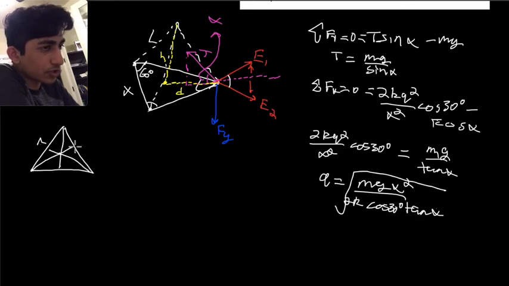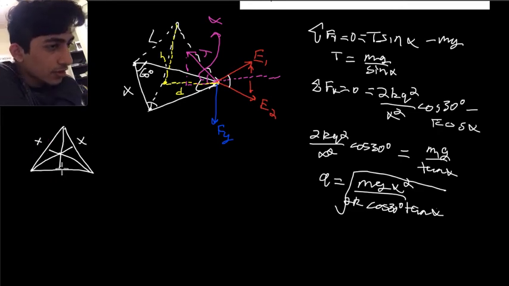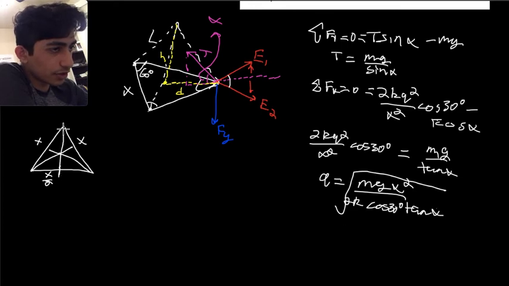We know that each side length is x. And so this length right here will be x over 2, because by definition it's a bisector right here. It's bisecting it there. So then we're solving for this distance right here, d.